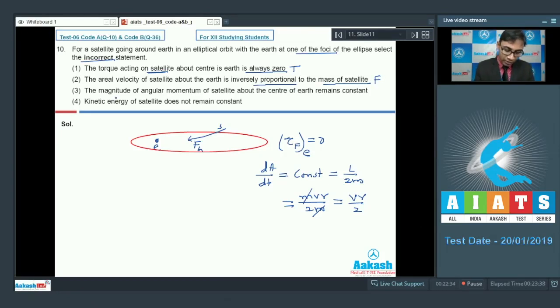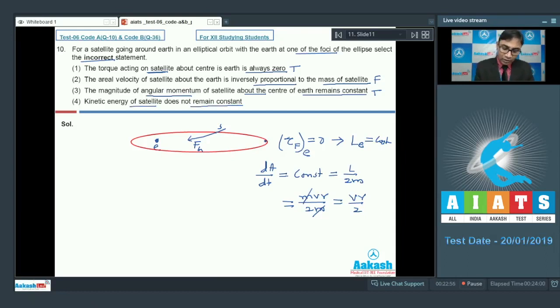Now the third statement says that the magnitude of angular momentum of the satellite about the center of Earth remains constant. Angular momentum will remain constant only if the torque is 0, and we have seen that the torque is 0, so angular momentum about the Earth will be constant. So this is also a true statement. The fourth one says that the kinetic energy of the satellite does not remain constant.